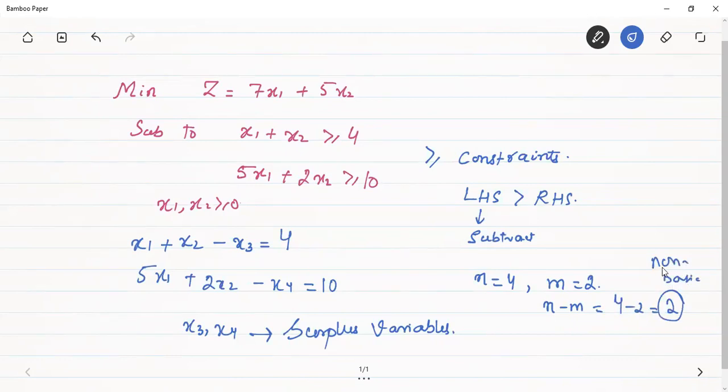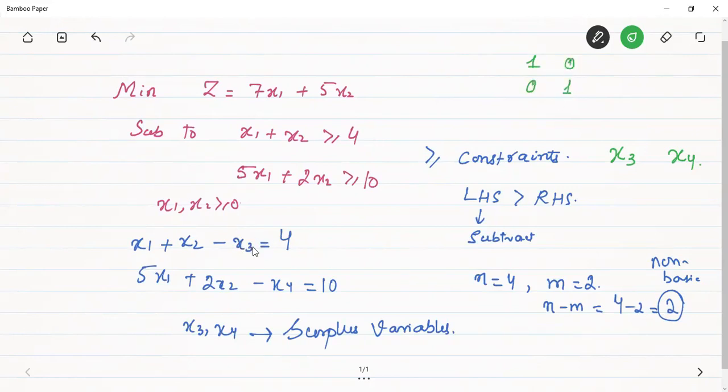And obviously we would like to start with the surplus variables as the basic variables, as I said at that time as well. So the non-basic variables will be x1 and x2, and the basic variables will be x3 and x4. But in the first solution, we would like to get an identity matrix under the basic variables. The identity matrix in the order of x3 and x4 should have been 1 0 and 0 1.